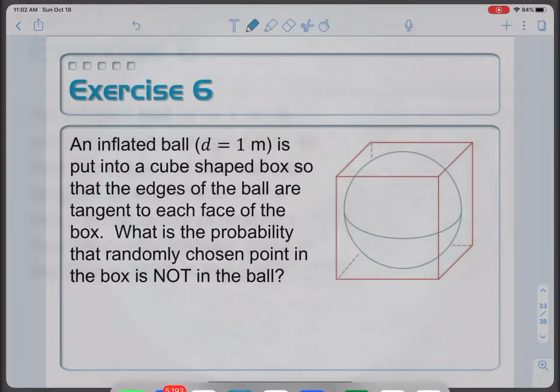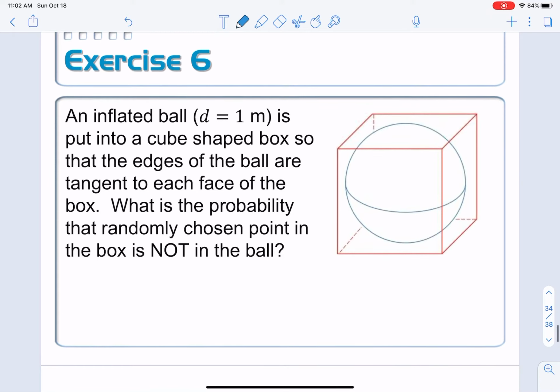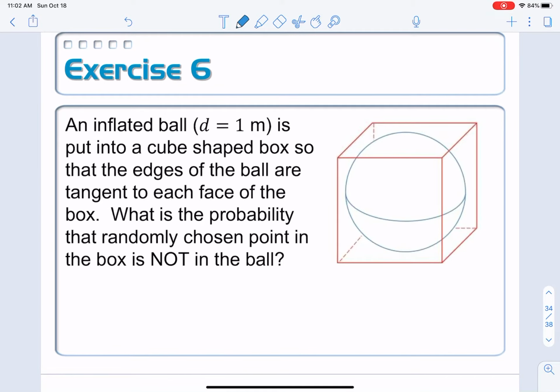Okay, let's come over here so I have more space to write. So let's strategize here first. We want the probability that the point is not in the ball. So maybe I write something like this: K is not in the ball. And again, we're going to use some sort of volume.